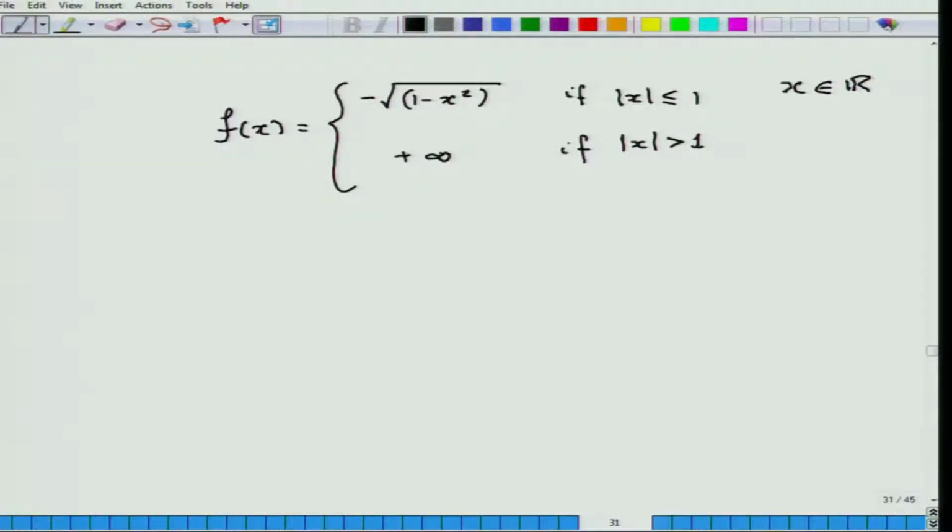Now, this function is a convex function. You can try to sketch the graph in MATLAB as homework. You sketch the graph in MATLAB and then check the epigraph.